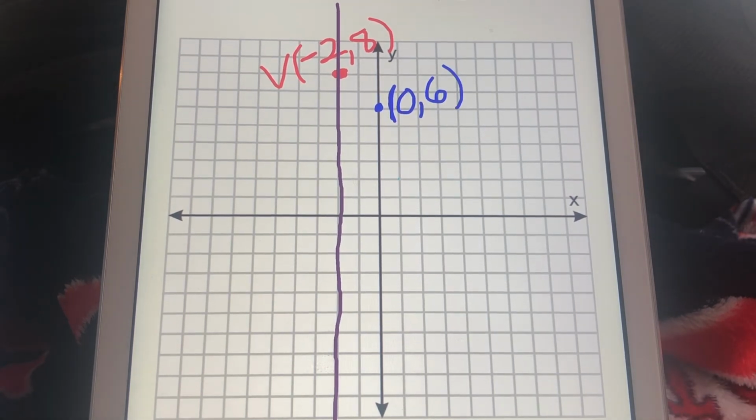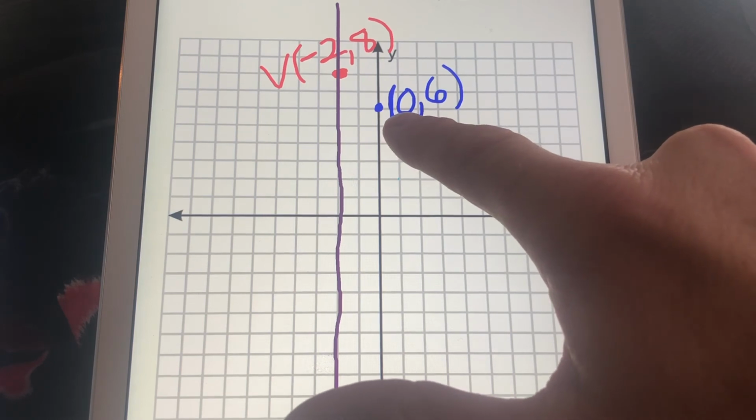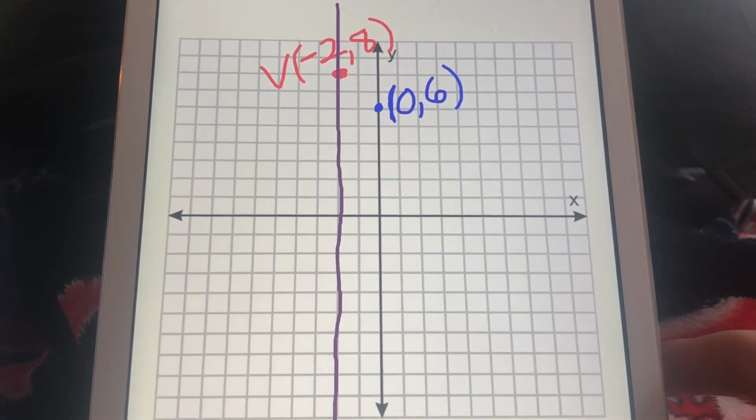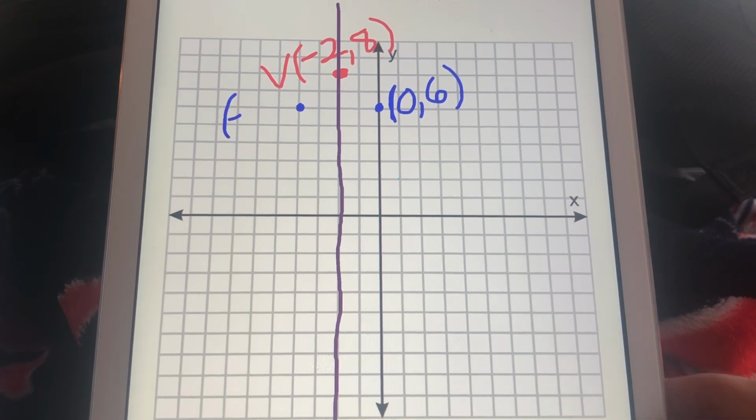Now we can use the axis of symmetry here. We know this point is 2 units to the right of the axis of symmetry, so I can use the concept of symmetry, and I'm going to have a point on the other side of the axis of symmetry, 2 units to the left of that vertical line. So the coordinates for that point would be negative 4, 6.